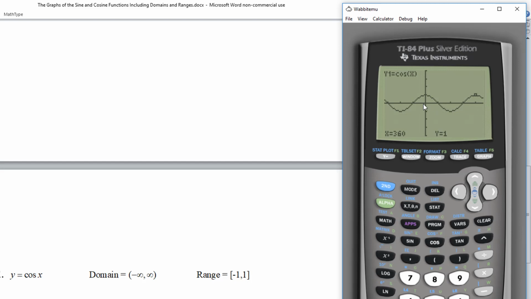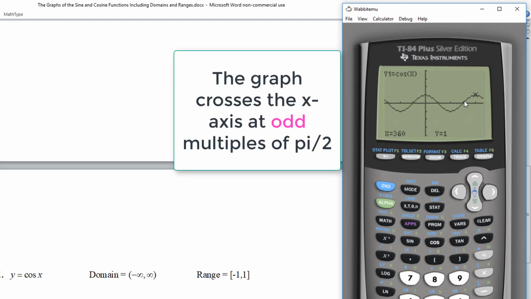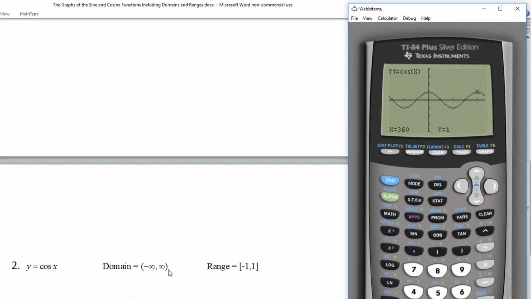So we can say then that at odd multiples of pi over 2, that's pi over 2, 3 pi over 2, 5 pi over 2, 7 pi over 2, and of course we go to the negative side also if we want to, but we're just going to focus on this area right here. At the multiples of pi over 2, the graph of the cosine function has an x-intercept. Okay, and that again is one of the reasons that we say the range goes from -1 to 1. The domain, there's no restriction in the domain. Domain can be any number.